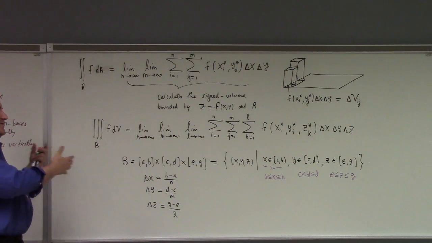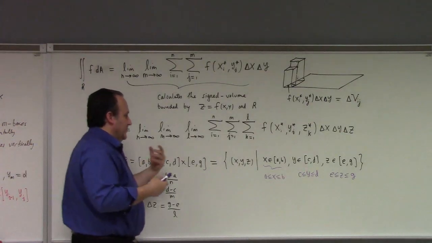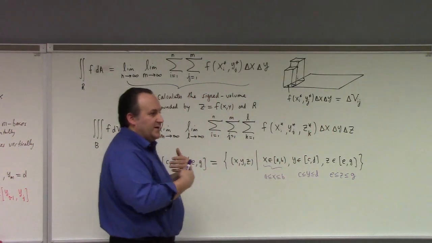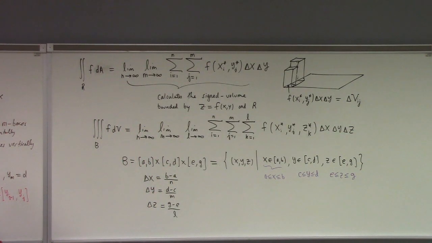So here, we're thinking about taking a three-dimensional space, a box, if you will, and chopping it up into subregions, and from every one of those subregions, taking a sample point, x sub i star, y sub j star, z sub k star, that defines the integral, right? As these delta x, delta y, and delta z become very small, our choice of the sample point shouldn't matter, right?